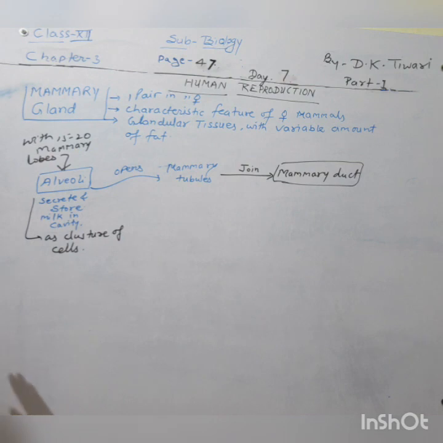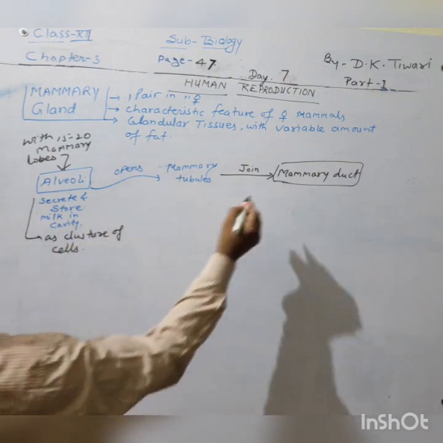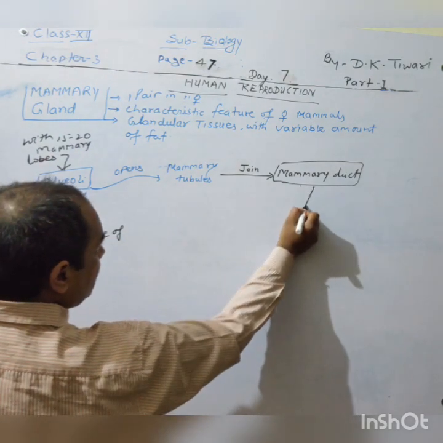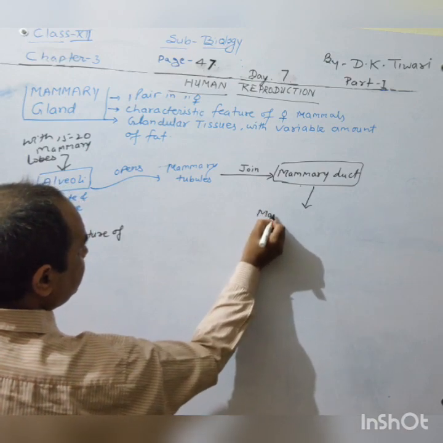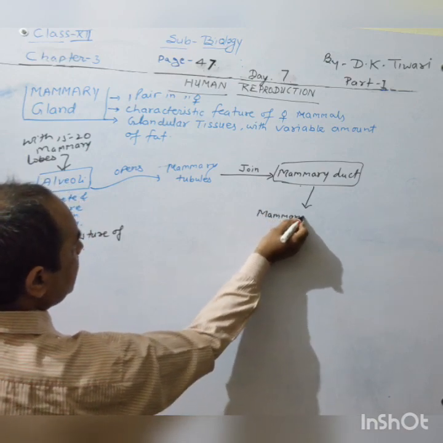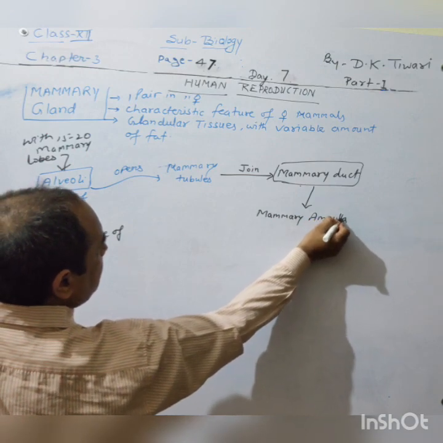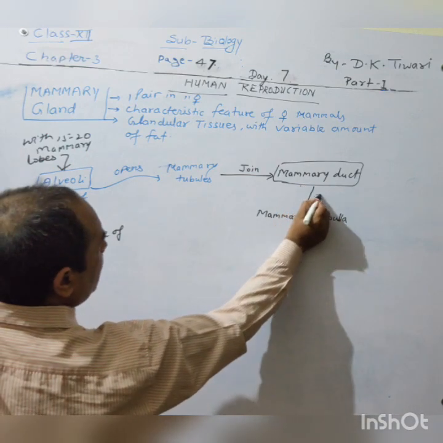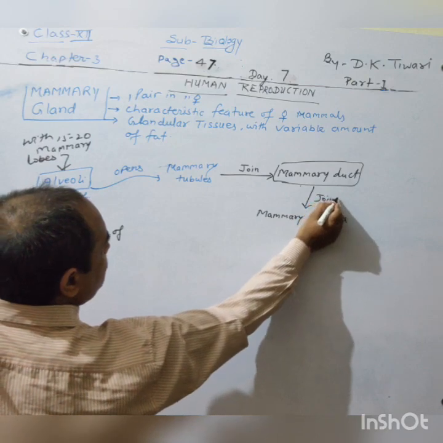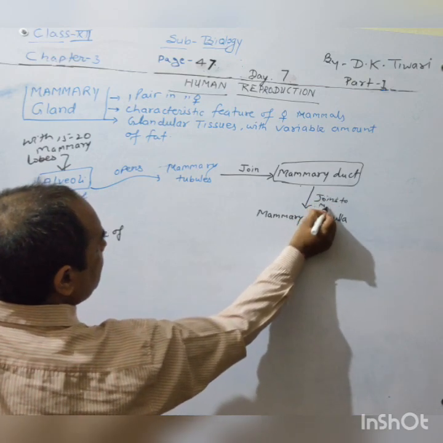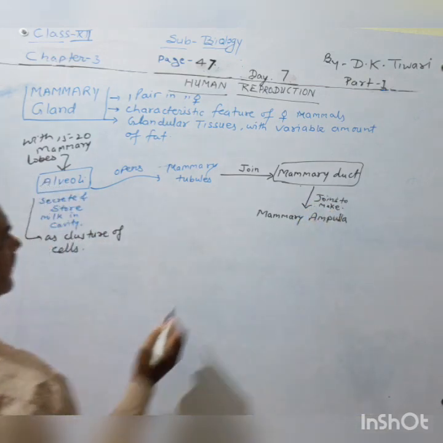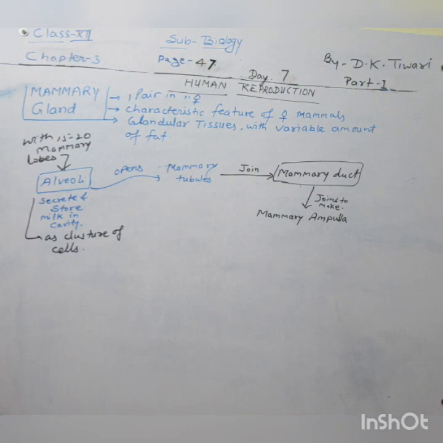These mammary ducts again join to make the mammary ampulla. The mammary ampulla is made here after the joining of mammary ducts.